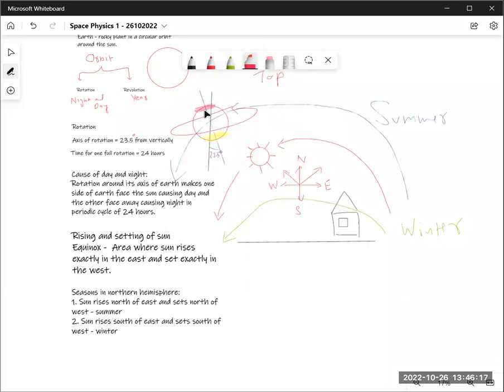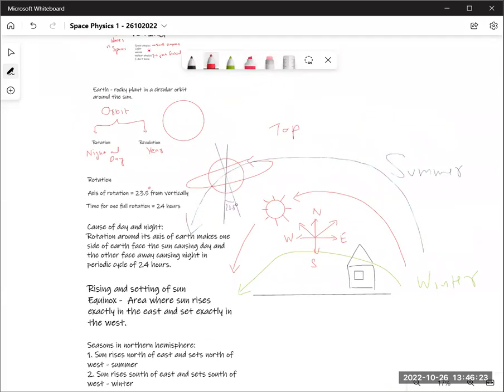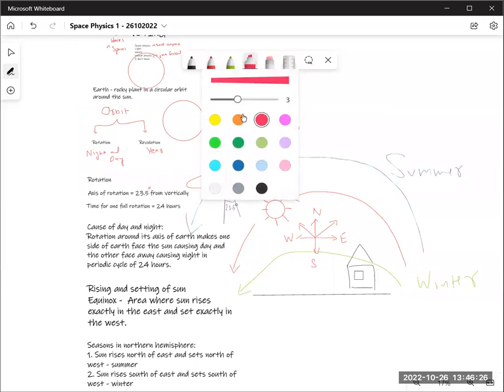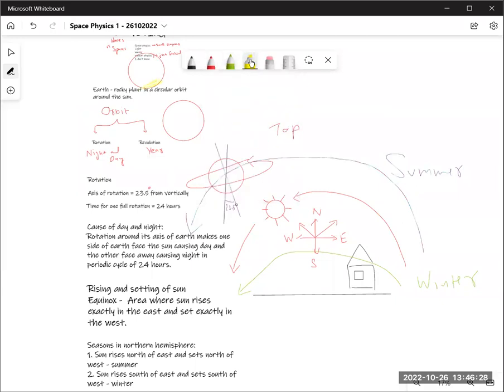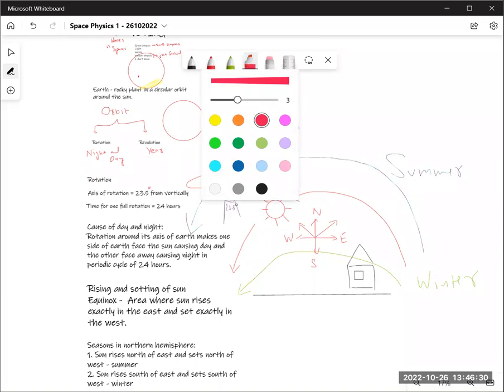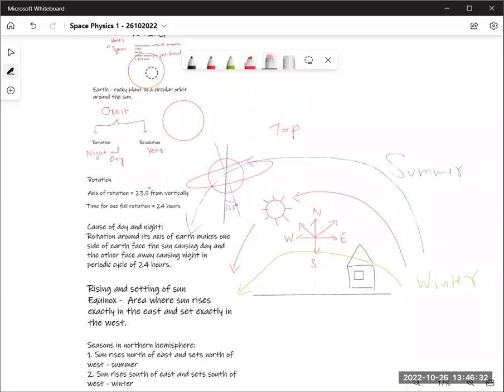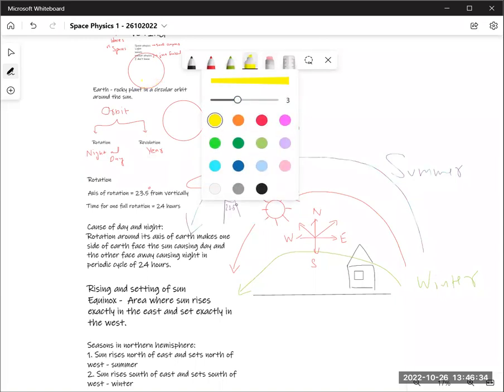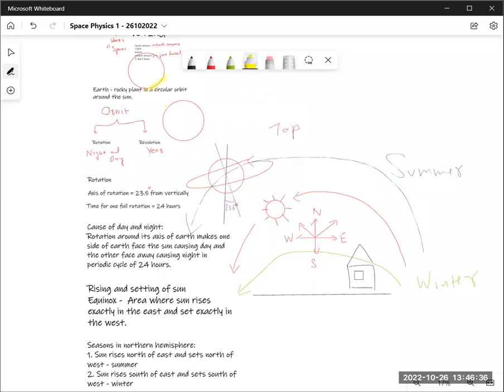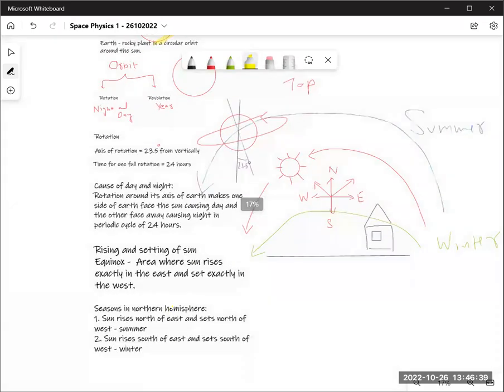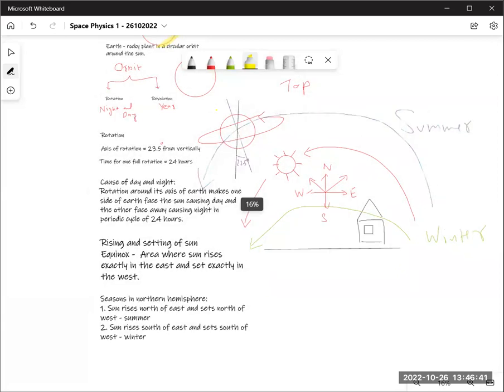But after some time, this area will be towards it. The bottom is now towards the sun, and the top one is away from the sun. So the big thing is, all you need to do is remember what happens to the directions when the seasons change. Is that clear?